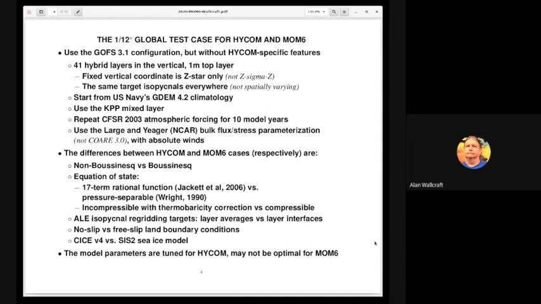For the isopycnal regridding in HYCOM, we're using layer averages, and in MOM6, we're using layer interfaces as the target. HYCOM no slip, MOM6 free slip, and CICE 4 versus SIS2 for the sea ice model. And generally speaking, the parameters are tuned for HYCOM and may not be optimal for MOM6.